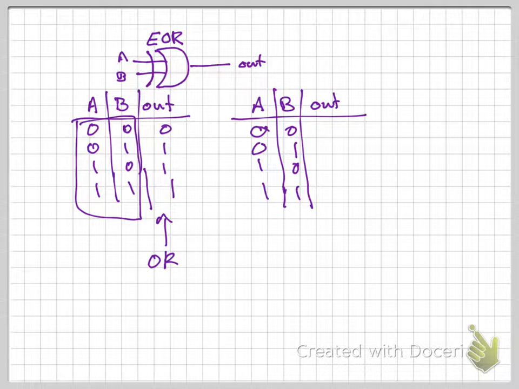Exclusive OR means that if one or the other is high, the output is high, but not both. So neither is high, so this is not high. 0, 1: one or the other is high, so the output is high. 1, 0: one or the other is high, so the output is high. 1, 1: one or the other is high, but not both. They're both high, so the answer is low. So this is the EOR.